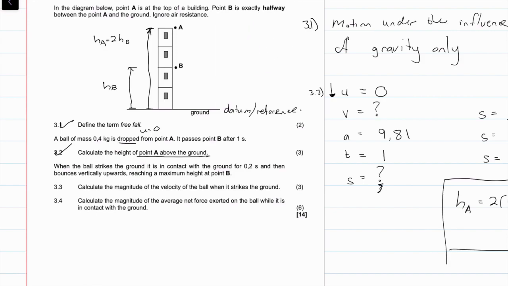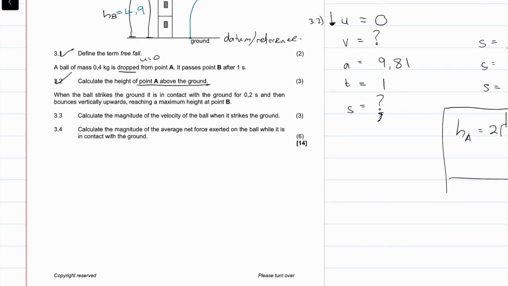Basically what we know is once it hits the ground, it goes up to a maximum height where the final velocity is equal to 0. It's in contact with the ground for 0.2 seconds, and the maximum height is that height of B, which is equal to 4.9 from what we calculated before. So moving on.